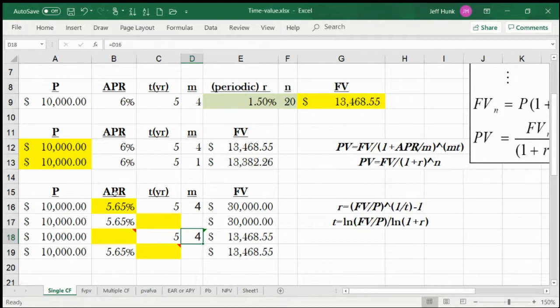So this is actually not APR. What we found here is actually the periodic rate. Let's see if it is the periodic rate, so that we can turn it into APR later on.